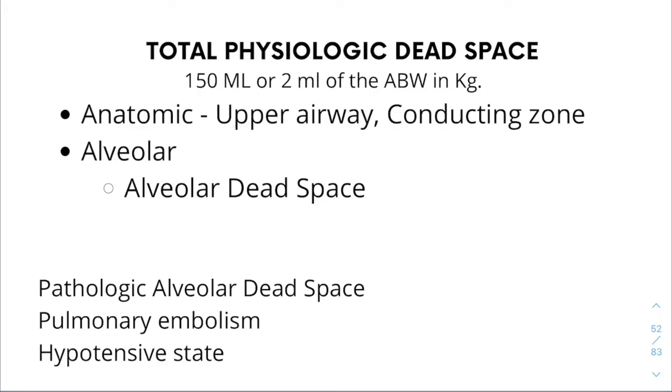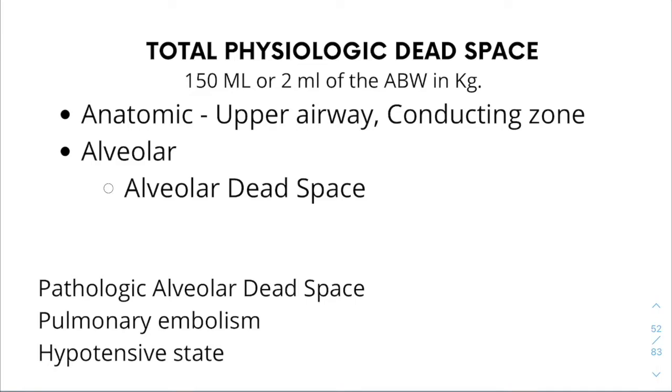Normally, dead space volume is around 150 ml in a normal 70 kilogram individual, or 2 ml per kilogram of actual body weight.